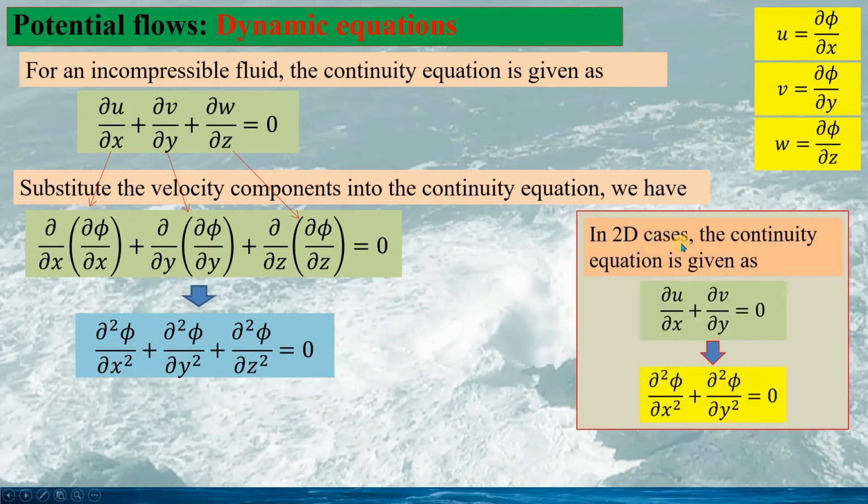If we consider the 2D irrotational flow, the continuity equation is given as this, and the corresponding equation for the potential function is given as this. These are the Laplace equations for 3D flows and 2D flows.